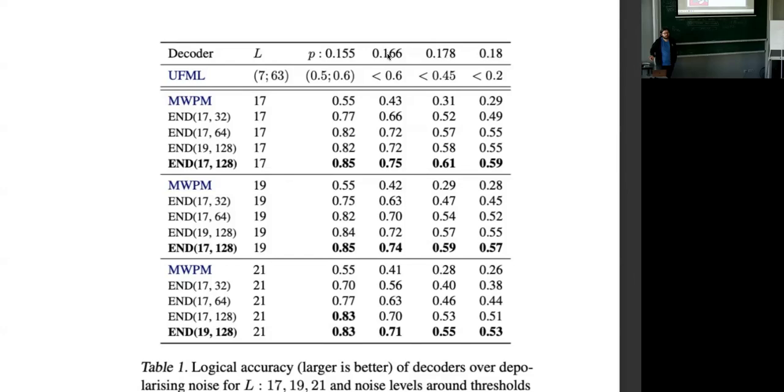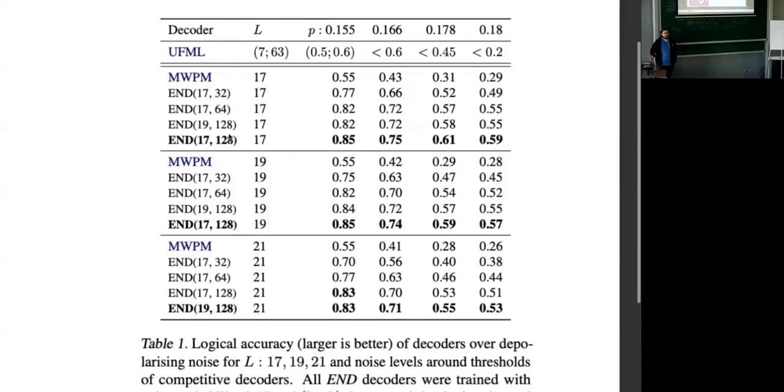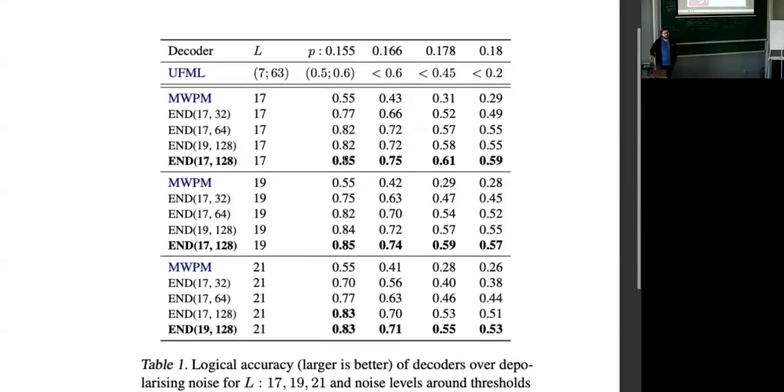It's a threshold of, I guess, Merz's work, union find plus machine learning, and I forgot if it was this threshold in terms. Right, and then you train on 17 and apply to 17, and the same for 19, 21, and get the same information as in the plot. Okay. Yeah. Fair enough. Okay.